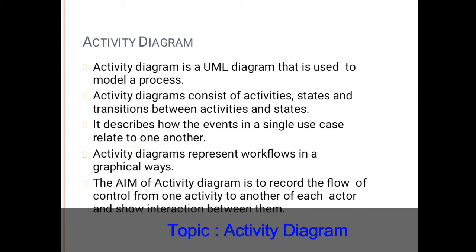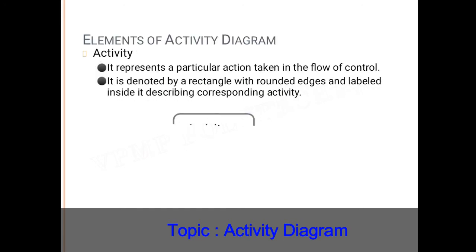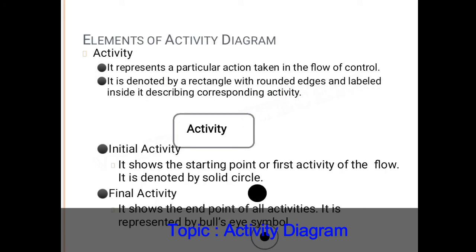This is known as a workflow in graphical form. Activity diagrams are similar to procedural flow charts, and the difference is that activity diagrams support parallel activity. Now let's describe every symbol of the activity diagram.